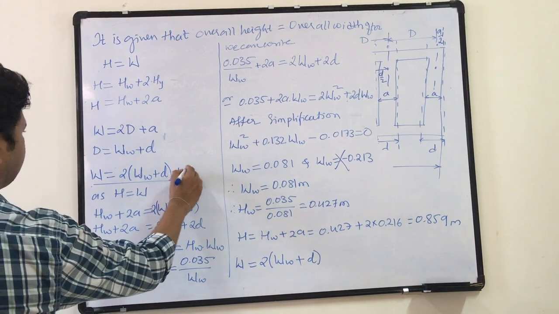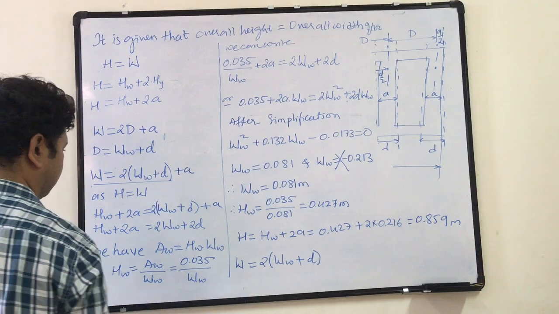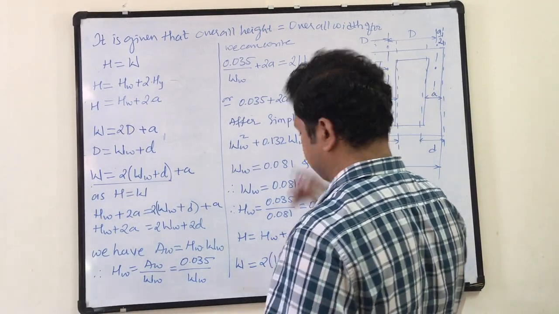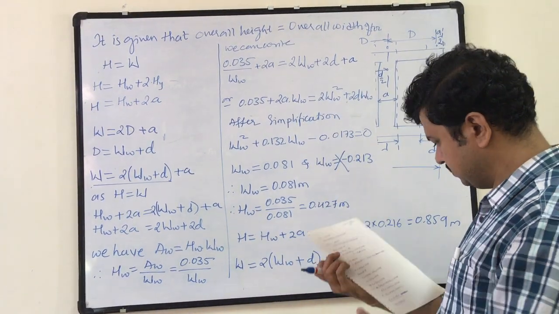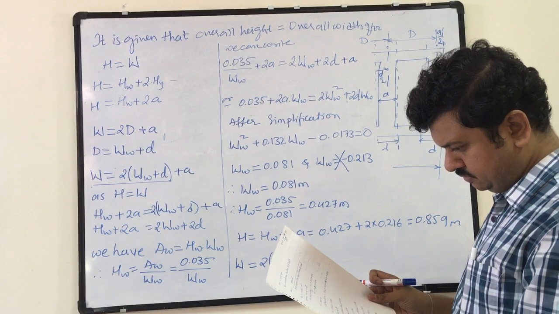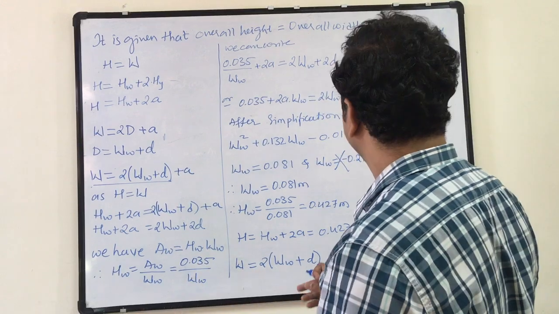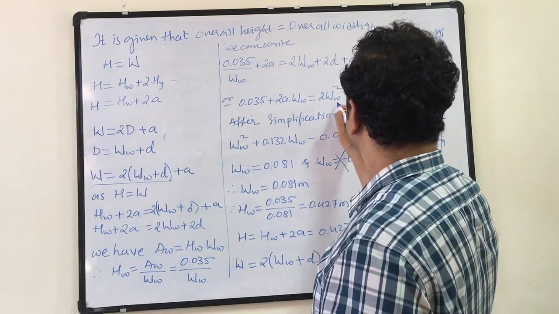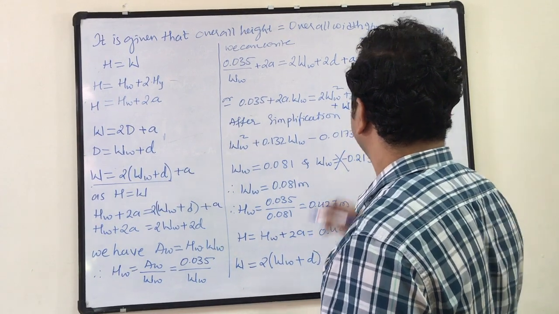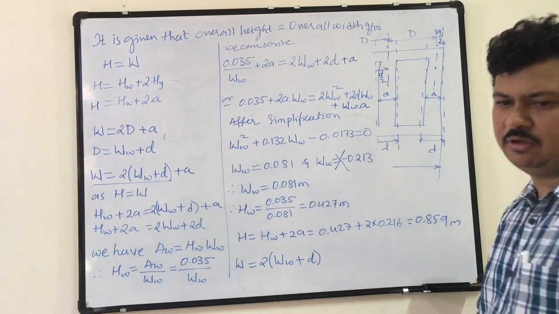So overall width is plus A. This is plus A, this will be plus A. But the equation is correct because I have solved it.